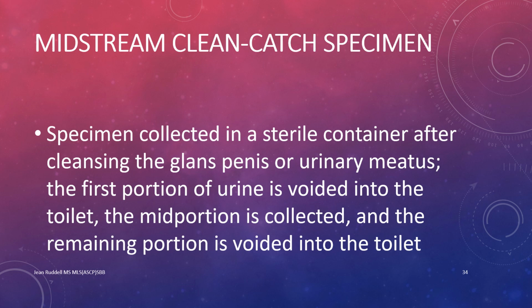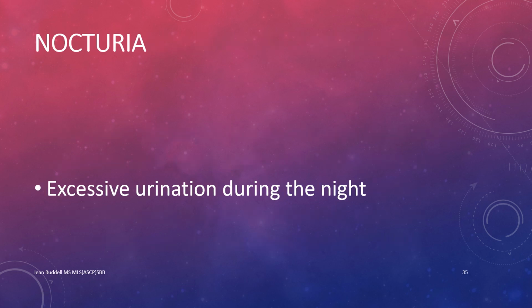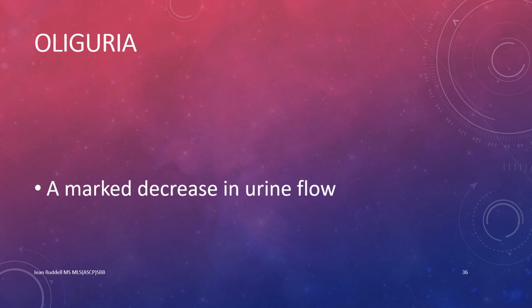Midstream clean catch specimen. Specimens collected in a sterile container after cleansing the glans penis or urinary meatus. The first portion of urine is voided into the toilet. The mid portion is collected and the remaining portion is voided into the toilet. Nocturia. This is excessive urination during the night. Oliguria is a marked decrease in urine flow.